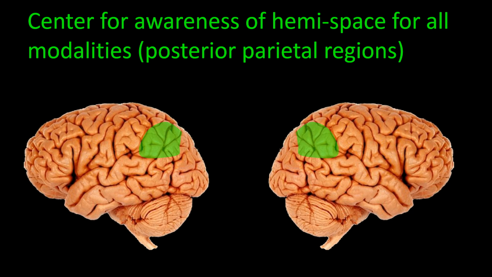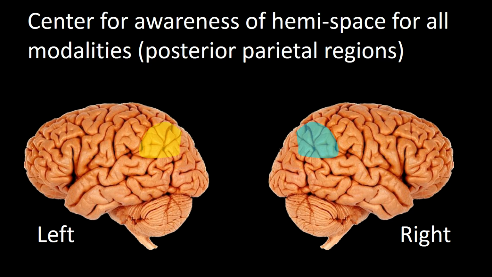Our awareness of a space around us for all sensory modality is represented in the posterior parietal region of the lateral surfaces of each hemisphere. I have in this frame made the posterior parietal region involved with self-space orientation of the left hemisphere yellow and the one in the right hemisphere aqua.